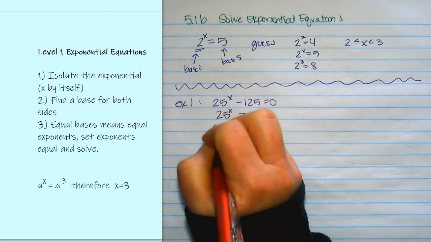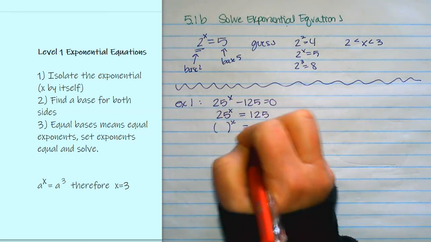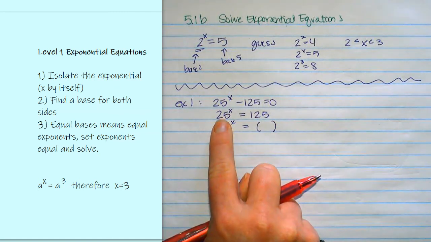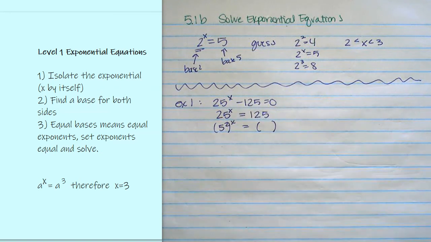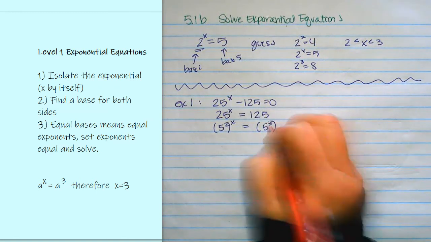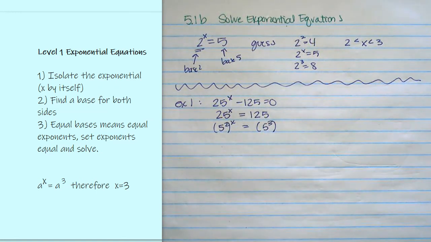So I'm going to write, instead of 25 to the x, 5 squared to the x. So I've got 5 squared to the x, and you'll notice that's the same. 125 is 5 cubed. So I've just replaced things in parentheses so it makes sense.